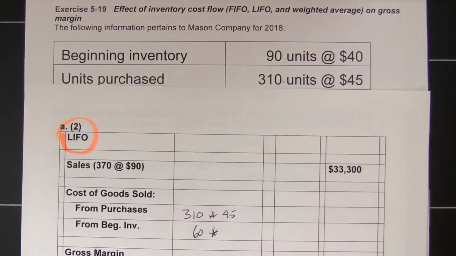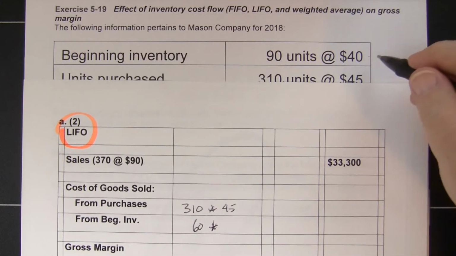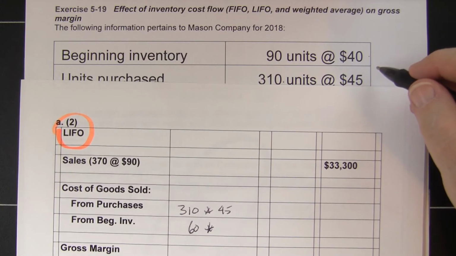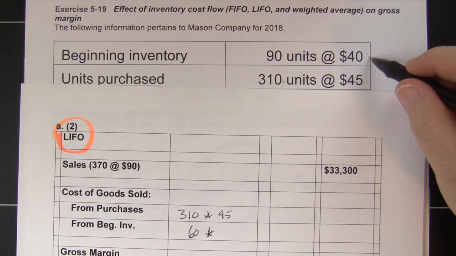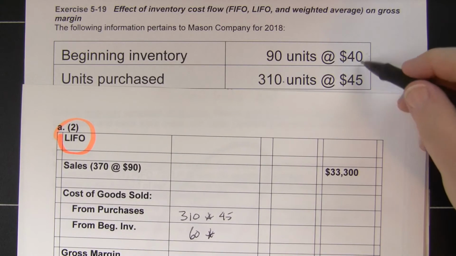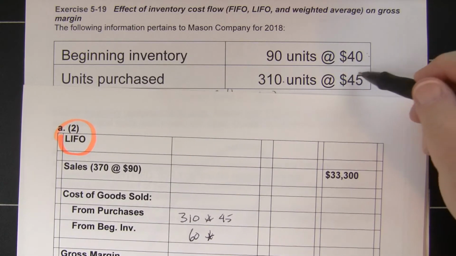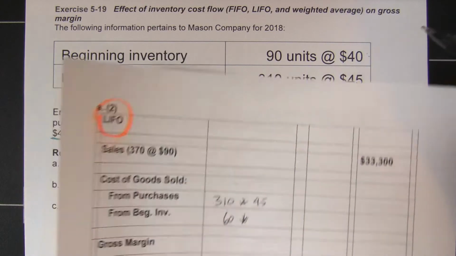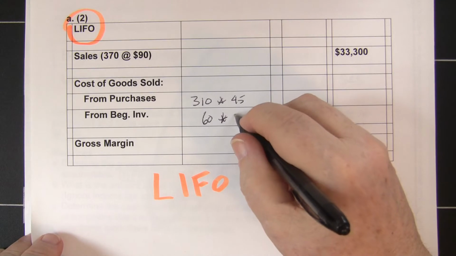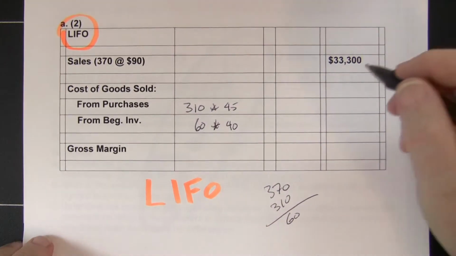And we'll take those from the oldest units. LIFO, last in, first out. First in, still there, as much as possible. Here we sold units, so we had to sell some of these, because we sold all of these, and then we sold 60 of those at $40.